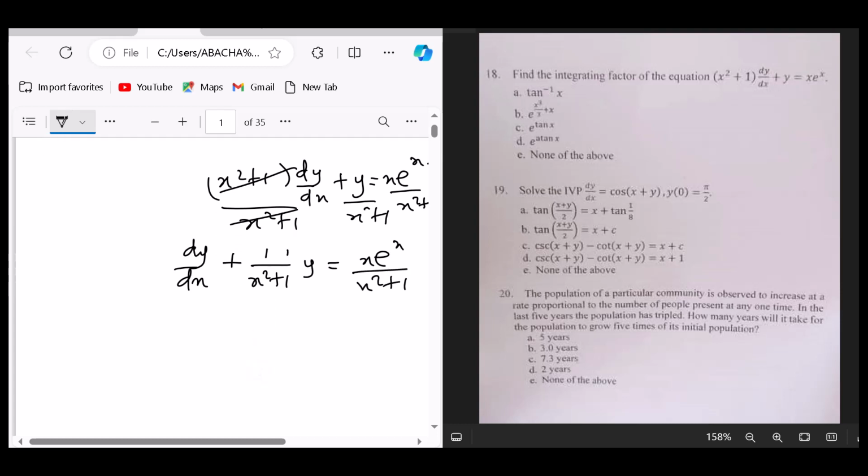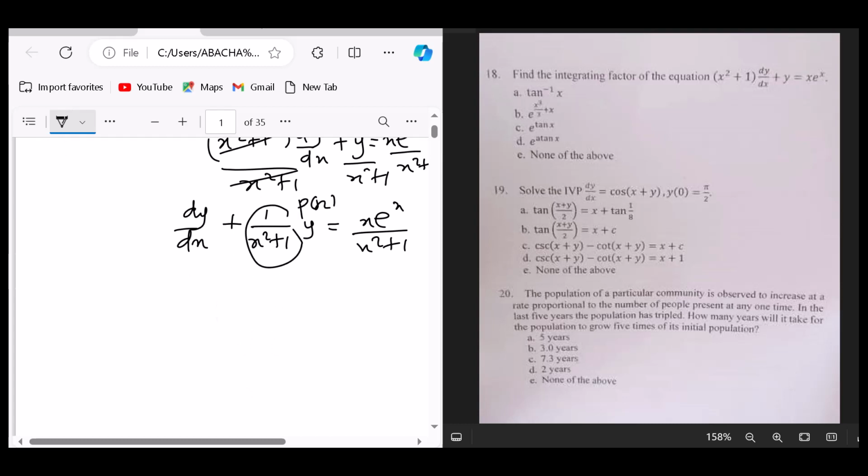And so now this is our p of x, remember, and we know that the integrating factor is given by mu of x equals e to the power of the integral of p of x, which is 1 over x squared plus 1 dx, and we know that the integral of this is just tan inverse, so that will just be e to the power tan inverse of x.